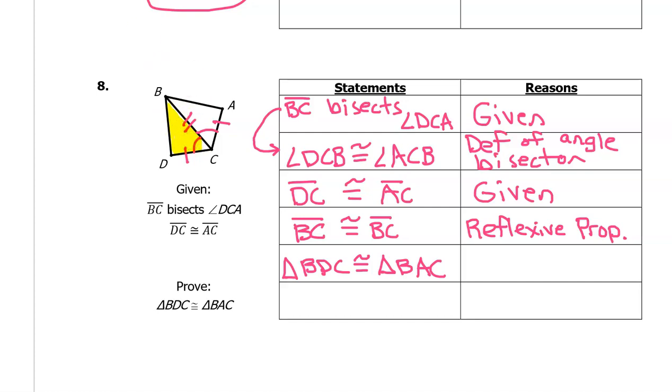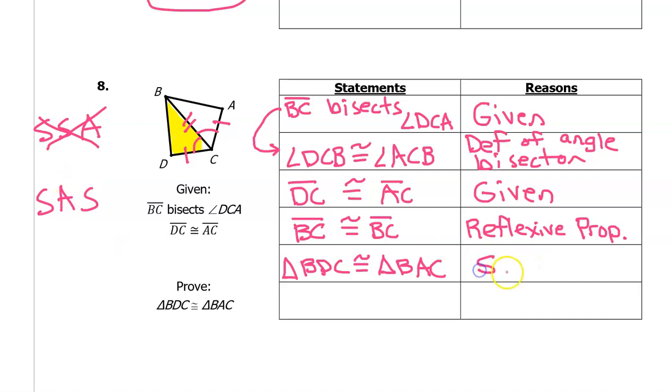So looking at the yellow triangle, I see that we have 2 sides and an angle. That would either make this side, side, angle or side, angle, side. Side, side, angle doesn't actually prove that triangles are congruent. So this is a proof, so we have to use only ones that would work.